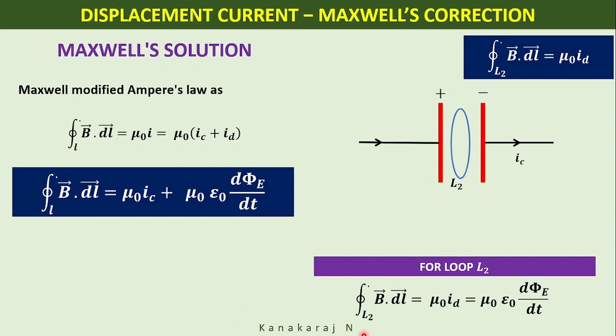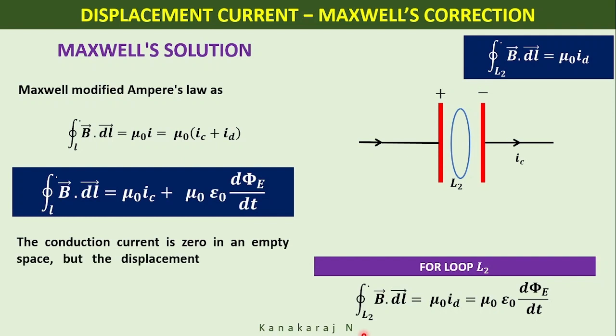Now let us learn a little bit more about the loop L2. The conduction current is zero in empty space, but the displacement current does exist. When an electromagnetic wave propagates, a change in electric field causes a change in magnetic field.